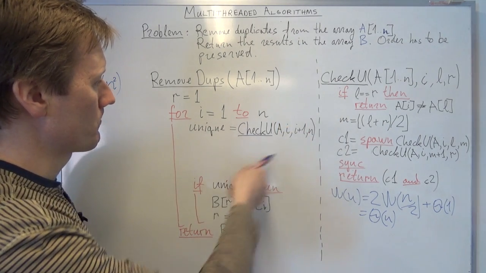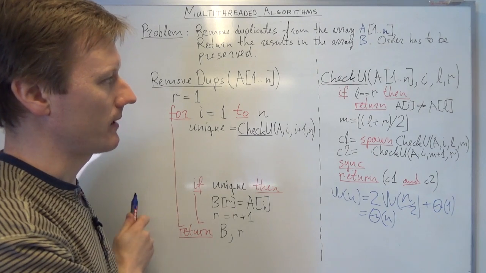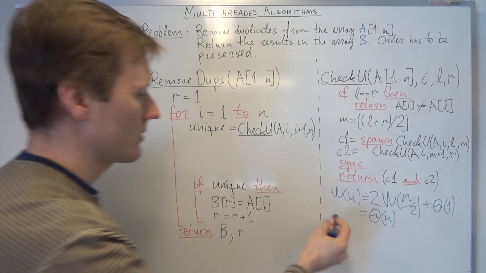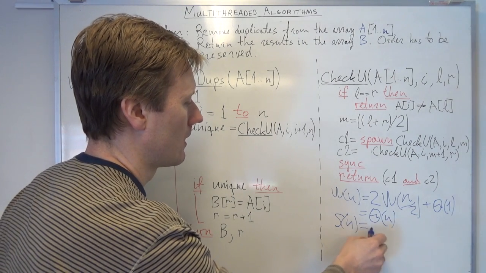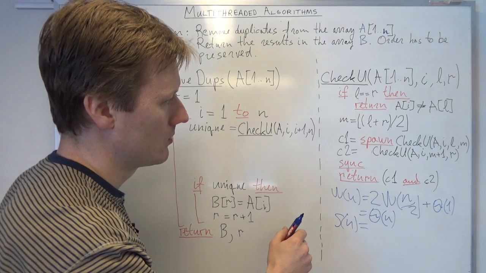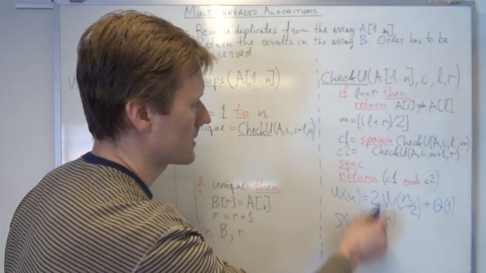So now we have this procedure check u, which is parallel. The span of it can be expressed with the following recurrence. We are performing in parallel two recursive calls of the same size.